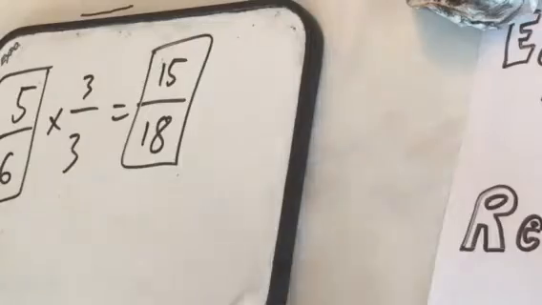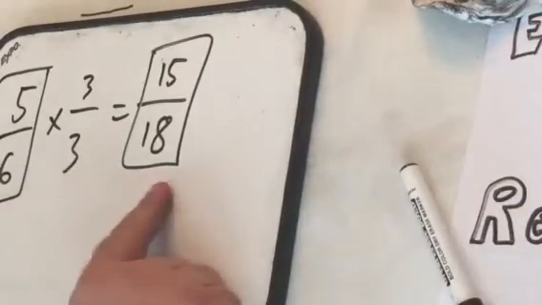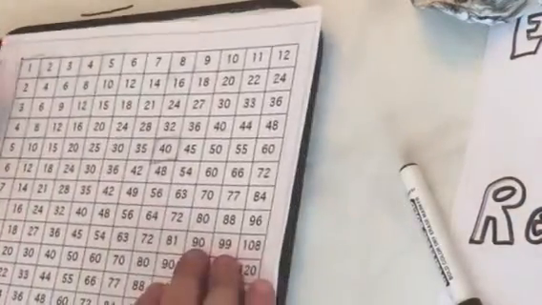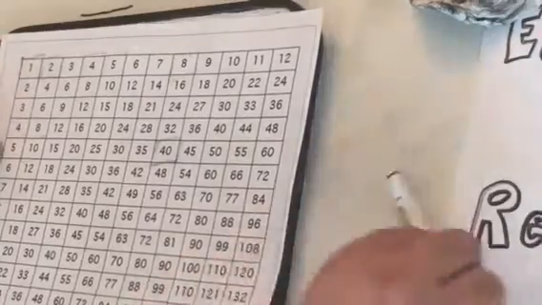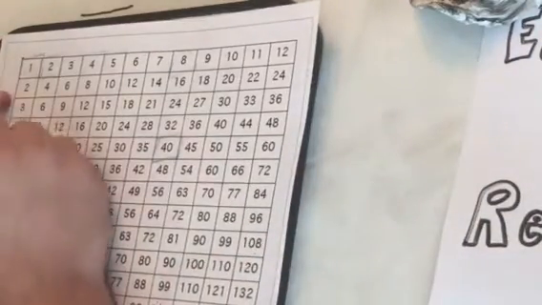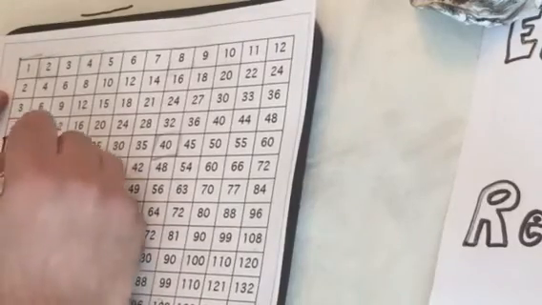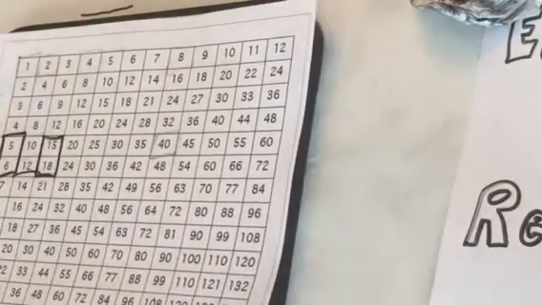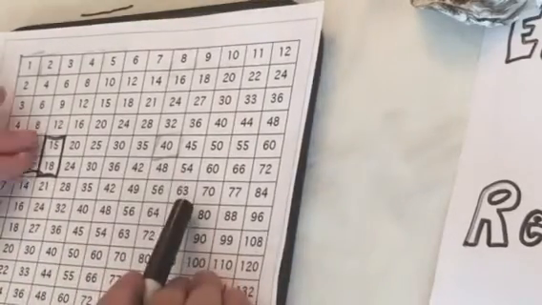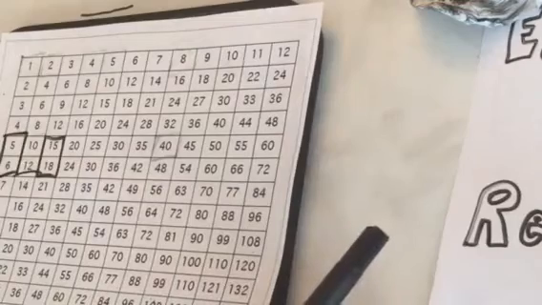Well, let's look on our grid. Since we know we're trying to get to that 18, let's see, 5/6, here they are. We're moving over to an 18. It's 15/18. As long as we know what that bottom number is, we just keep sliding until that bottom number is the same. So you could do this all day.